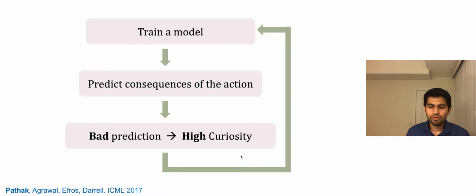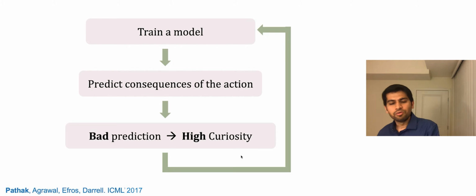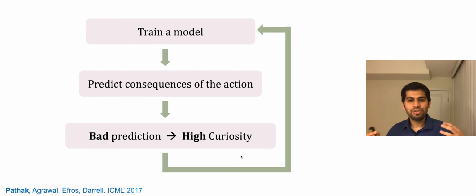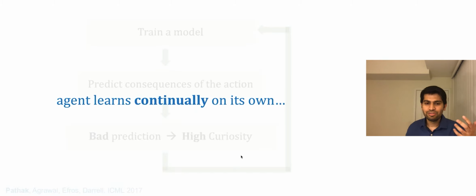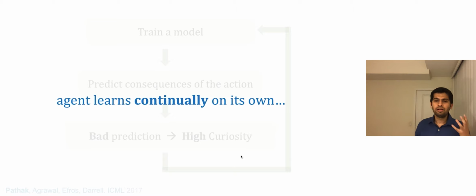As it explores more, it builds a model. The model improves, and as the model improves, its prediction error goes down and its curiosity becomes low. Now the policy has to figure out something else which makes it curious. If you think about this, it creates a chain reaction of events where the agent learns continually on its own, and it keeps improving its pre-trained model completely on its own without having knowledge of the task. Let us see how this works in this simple environment.